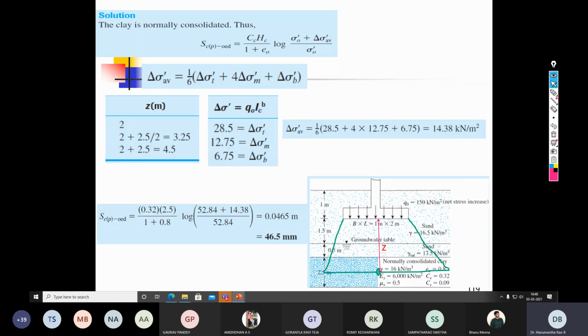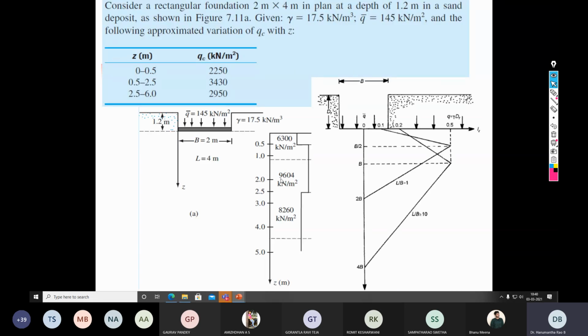The fundamentals are more important than merely being aware of the empirical equations available in the course. If you know fundamentally what elastic settlement and consolidation settlement are, then the equation is immaterial. You know how to use the equations. Okay. So I will stop it here.